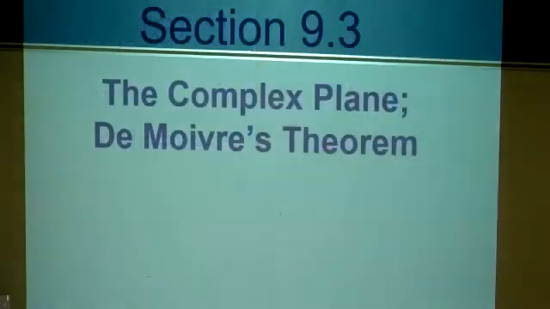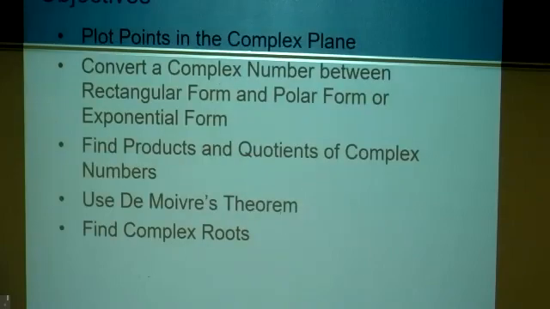Vectors. Complex plane and de Moivre, I have no idea how to pronounce that name, it's a French name. But it's a famous theorem in mathematics that deals with complex numbers. All right, plot points in the complex plane.